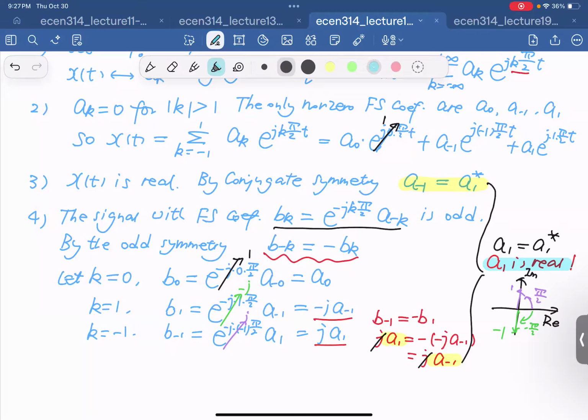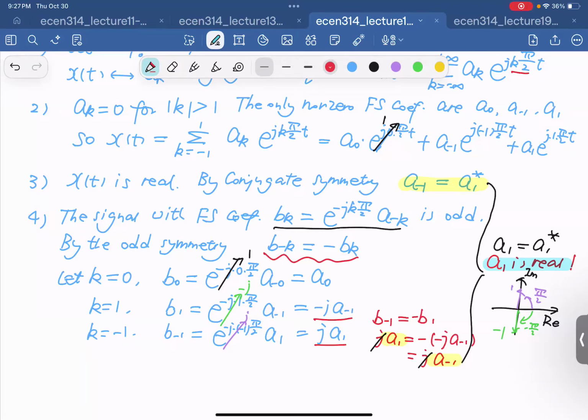Now let's start thinking about what to do with A sub 0, because I only have 3 unknowns. It feels very close now that A1 is real and A1 is a complex conjugate of A sub minus 1.